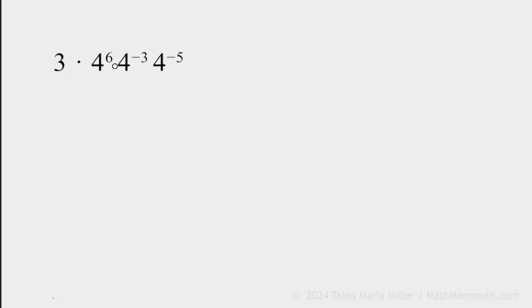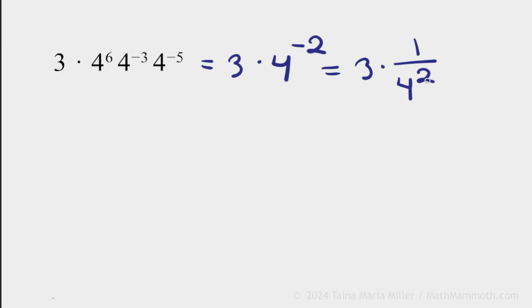And then 6 plus -8 is -2. So first of all, this simplifies to 3 times 4 to the power of -2. And then this becomes the fraction, the reciprocal, but with the positive exponent. 3 times 1 over 4 squared, and 4 squared is 16, so we have 3 over 16.